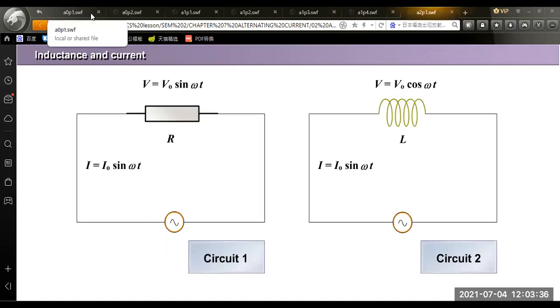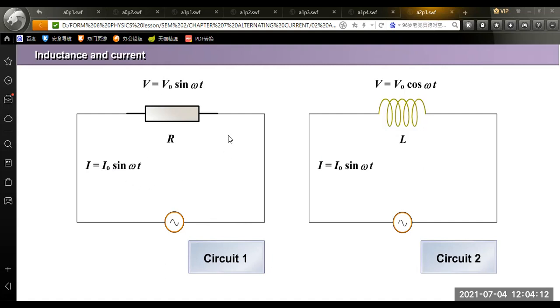The next slide compares the difference between the alternating current in a resistor and alternating current in a solenoid. I equals I naught sin omega t for circuit 1 and circuit 2. What is the difference? For a resistor, the current and the potential difference are in the same phase.